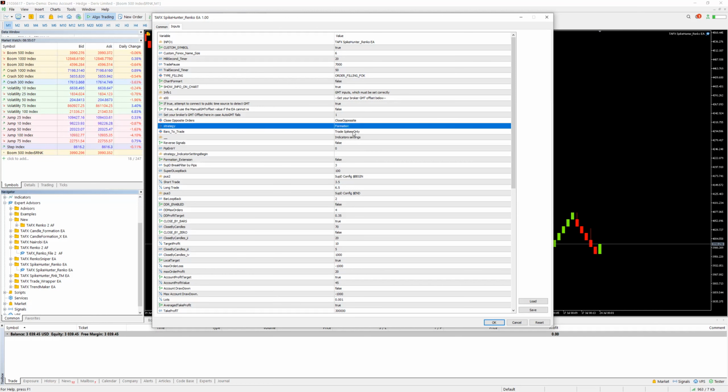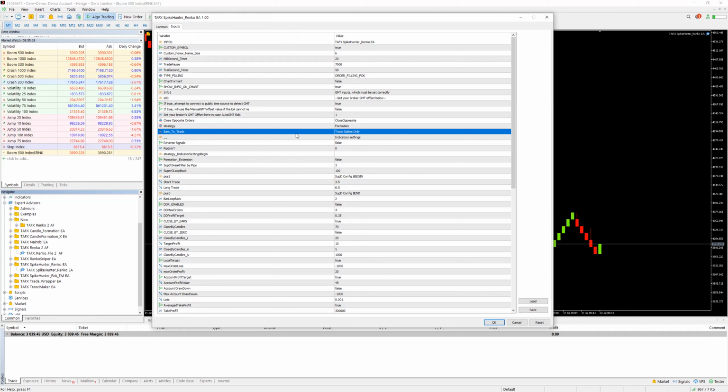Now let us start with strategy 1. In strategy 1, we trade the formation. The other thing you need to understand here is the bars to trade. If you read here, you'll find that it is trade spikes only. If you double click here, you'll find there is an option to trade mode full.